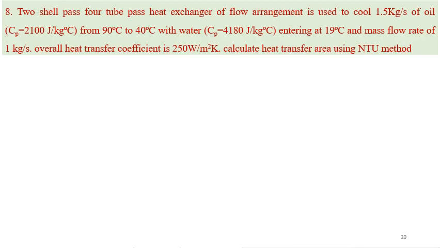So it is problem number 8. A 2 shell pass, 4 tube pass heat exchanger flow arrangement is used to cool 1.5 kg per second of oil, Cp is 2100 joule per kg degree centigrade, from 90 degree centigrade to 40 degree centigrade, with water, Cp 4180, entering at 19 degree centigrade, and the mass flow rate of that water is 1 kg per second.